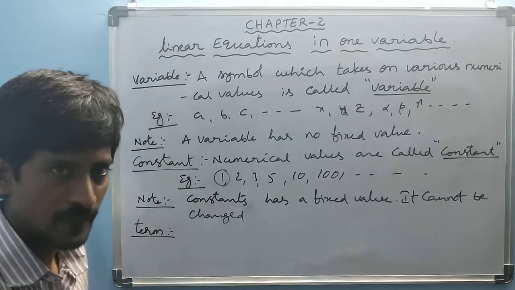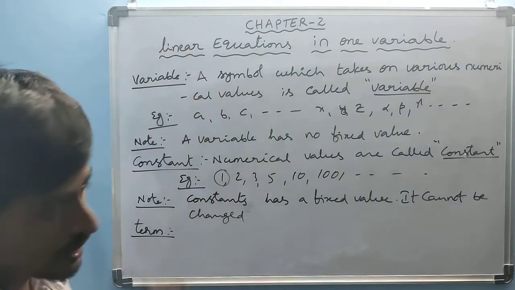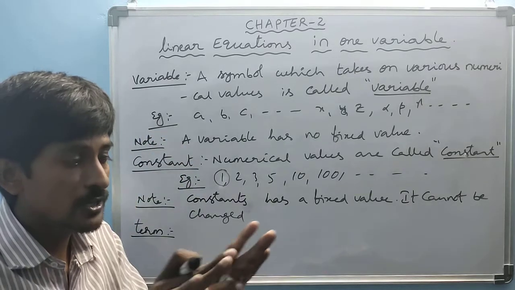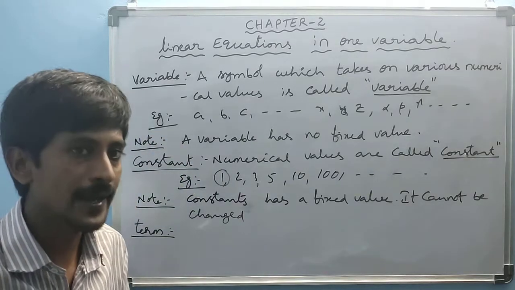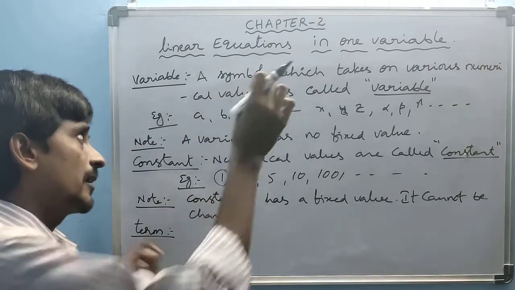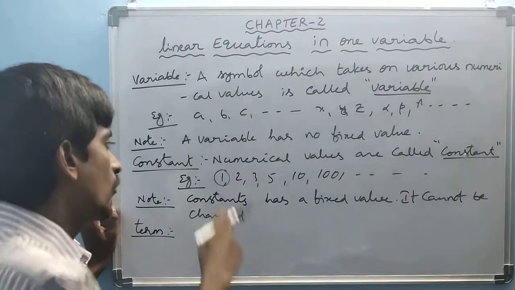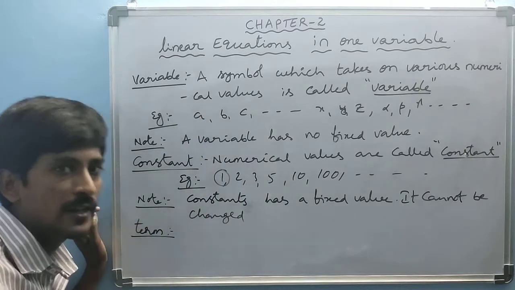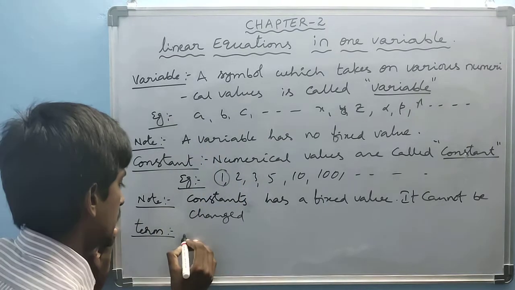Term means a single variable or single constant or combination of both is called a term. If a is one term, 1 is one term, a combination like 2a is also one term. Okay.